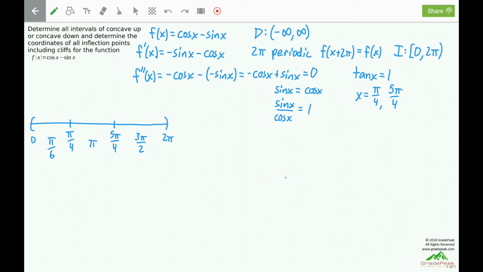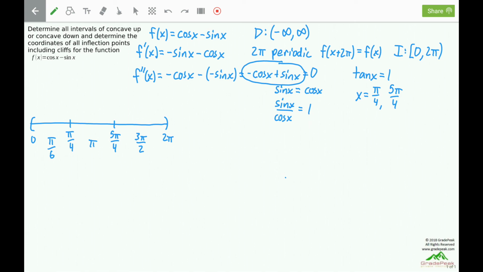We can now test the concavity in each of these intervals by plugging these test values into the second derivative. We don't care about the value of the second derivative, just whether it is positive or negative. Starting with pi over 6, we have negative cosine of pi over 6. Cosine of pi over 6 is square root of 3 over 2.